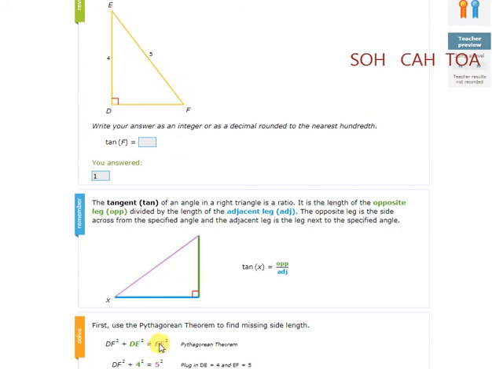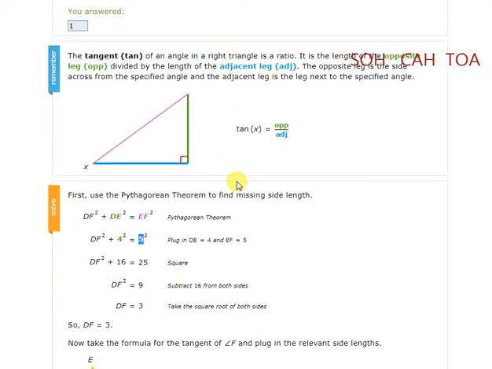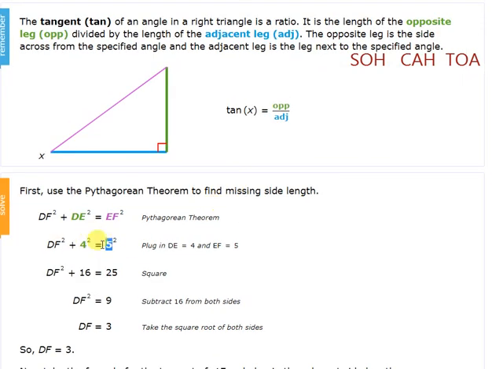So we know the value of the hypotenuse, which is 5, and we are supposed to find the other leg, which is DF, right? And we know one leg of it. So we will use this formula like this. We put in the value of the hypotenuse and the one side which is given, and one side is unknown.